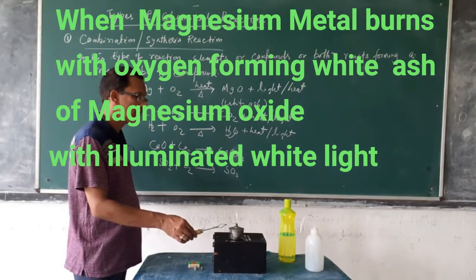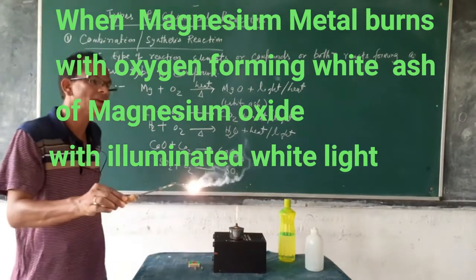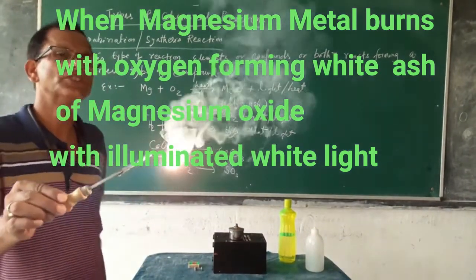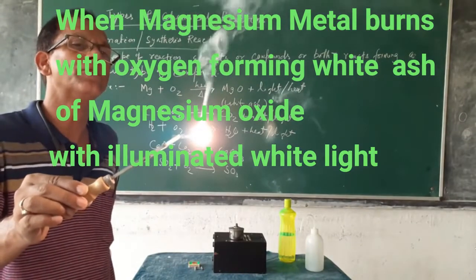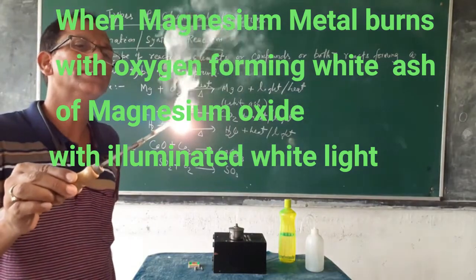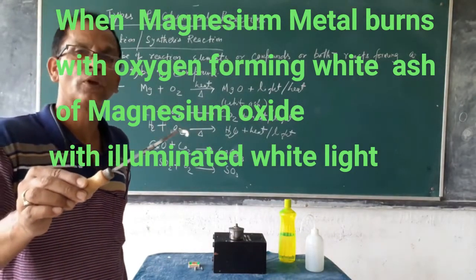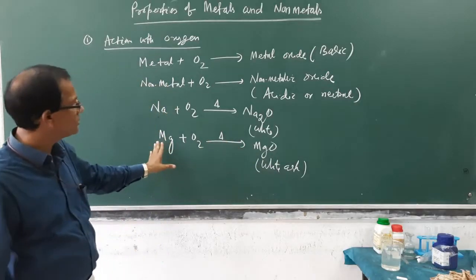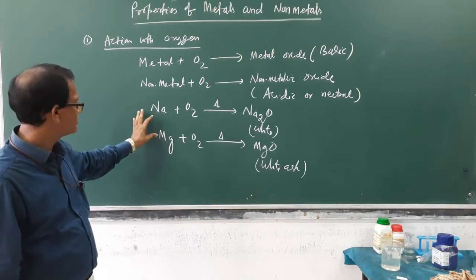It will take some time, one minute more. Now see, it is burning. During burning, a bright illuminated flame comes out with the formation of magnesium oxide, white ash. This is the main difference between the two metals here.